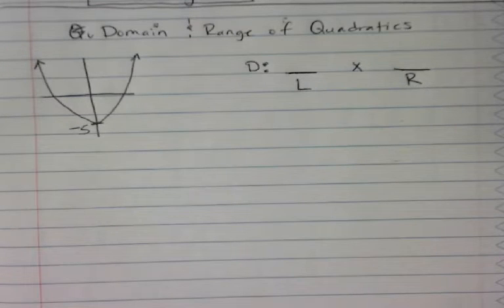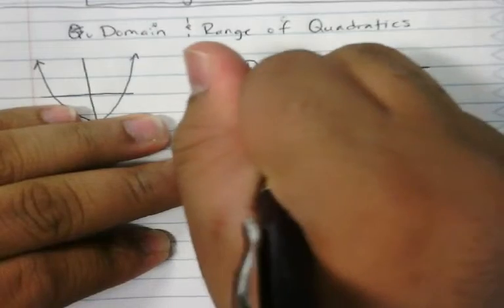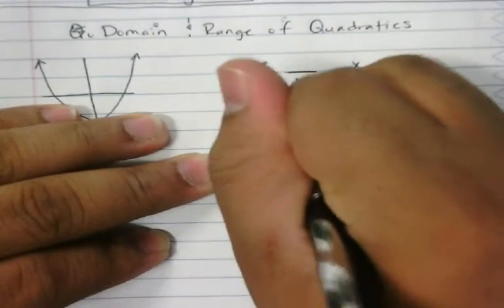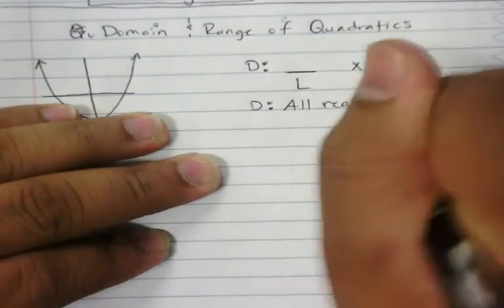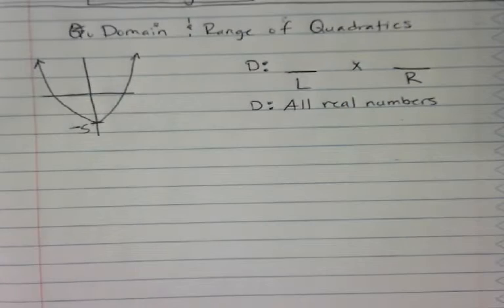If your left and your right both don't have numbers to fill in, we are going to just say it is all real numbers. That would be your domain for this one.